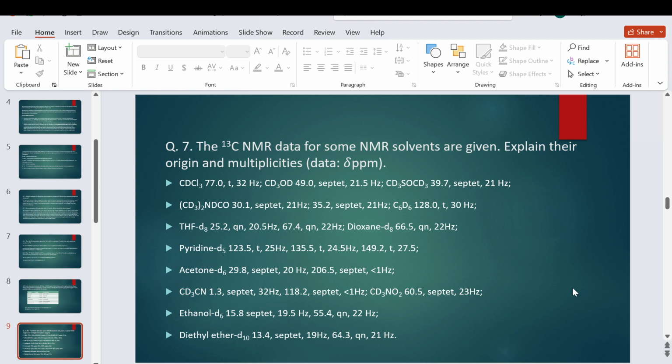(CD3)2NCDO 30.1, septet, 21 Hz. 35.2, septet, 21 Hz. C6D6 128.0, triplet, 30 Hz. In this manner, a number of solvent data are given here, and we have to analyze the data and assign the signals. So remember, deuterium has a spin of 1, and the multiplicity formula we used in the earlier example has to be used to explain the multiplicity.